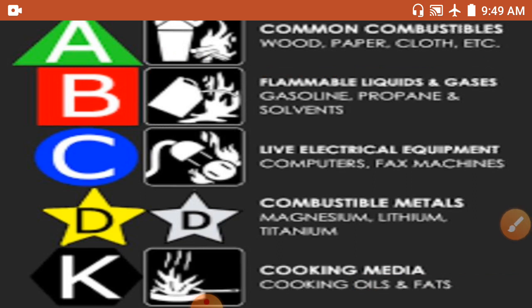And B type extinguishers are used to help control the fire of gasoline, propane, etc. And C type of extinguisher is used for electric equipment. And the D type is for metals, it is used for fires that start from metals, and this K is for cooking.